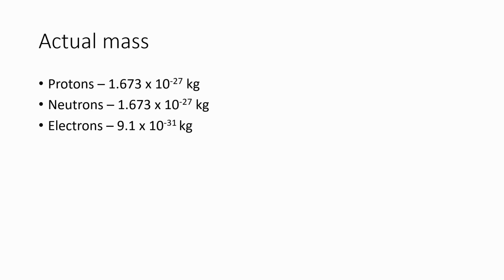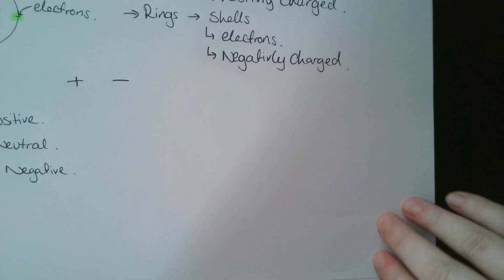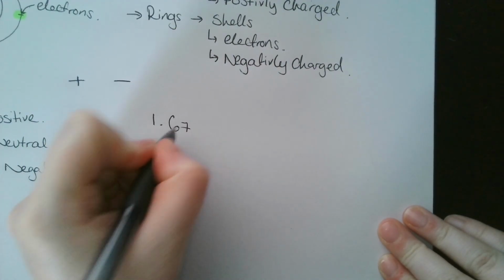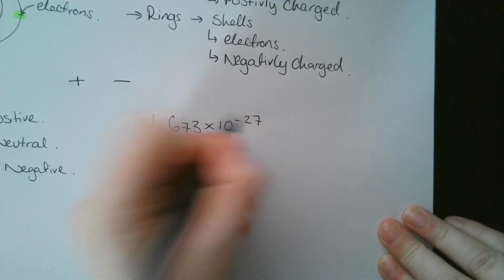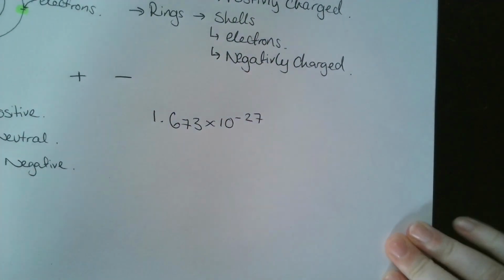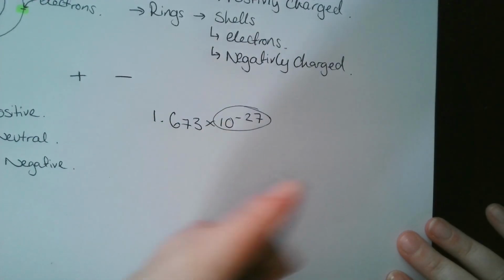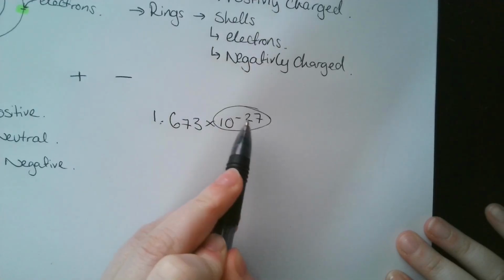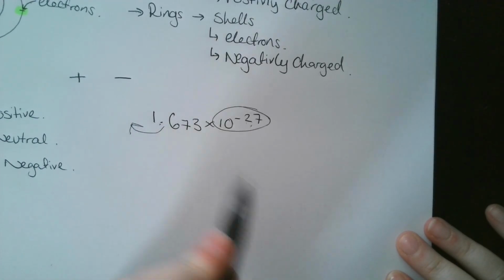So what that means is, if we take this number times 10 to the power -27, we've moved this decimal place 27 times that way.